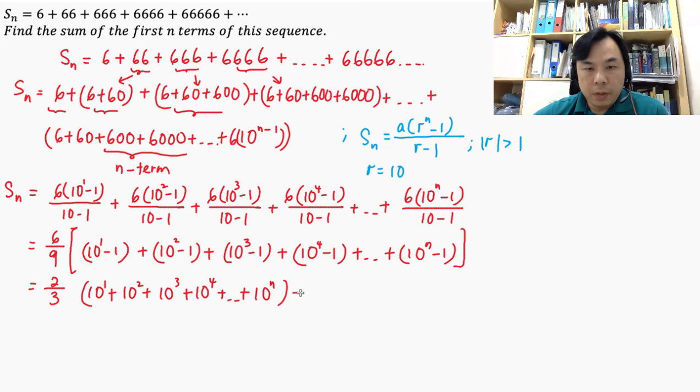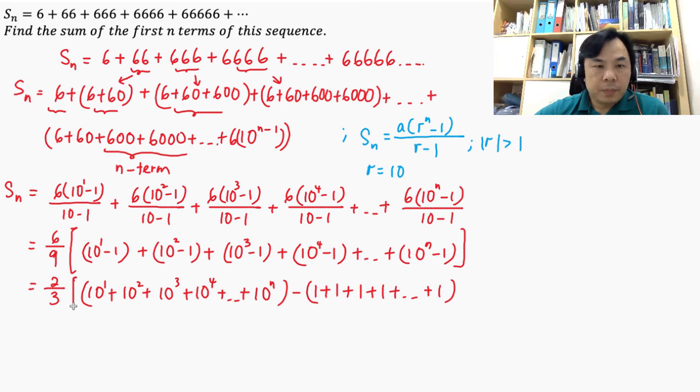And then after that, I have 1, 1, 2, 3, 4 here until my last one here. I'm going to put a bracket there. Okay, now that's how it looks like. And then you will quickly recognize that this is a geometric series, of course, with a common ratio of 10, which is exactly the same as before.